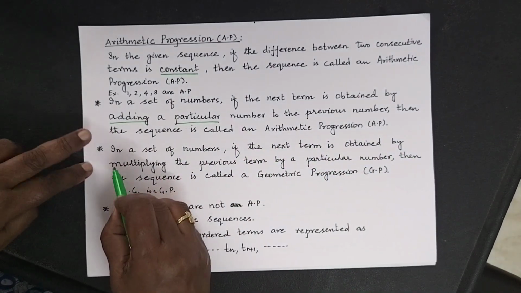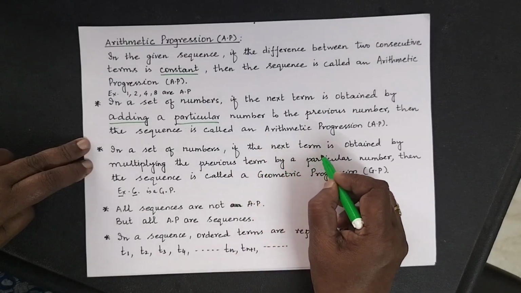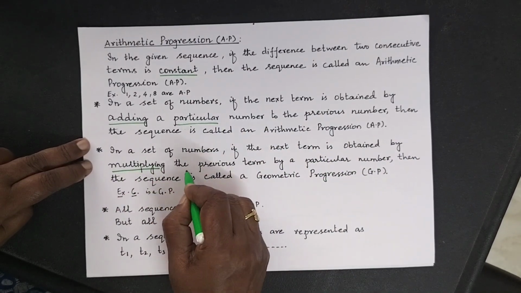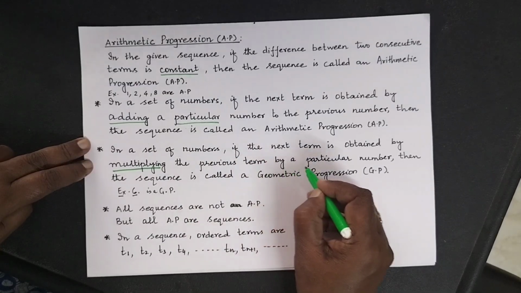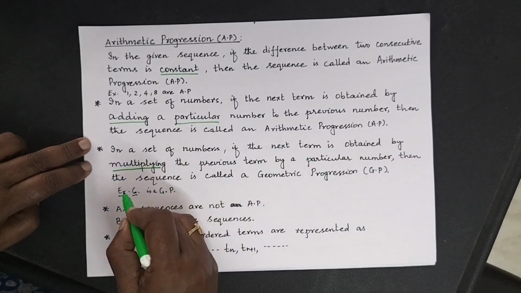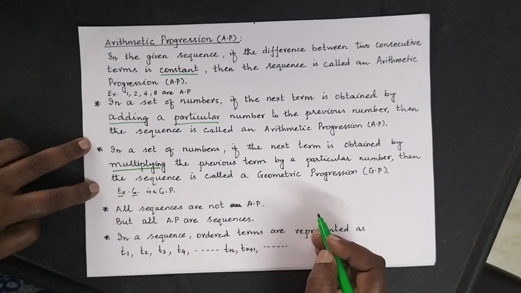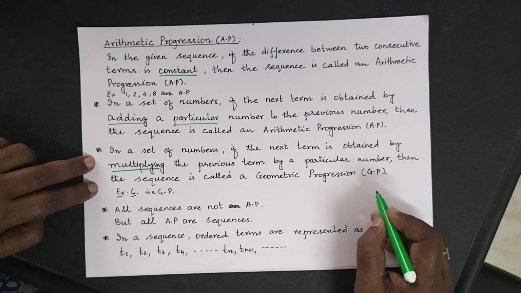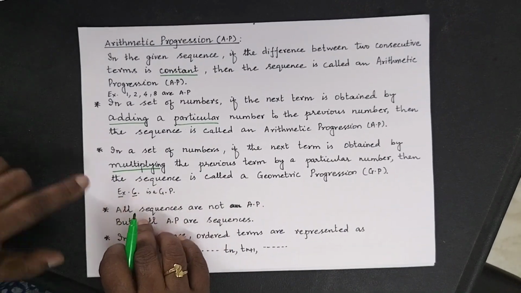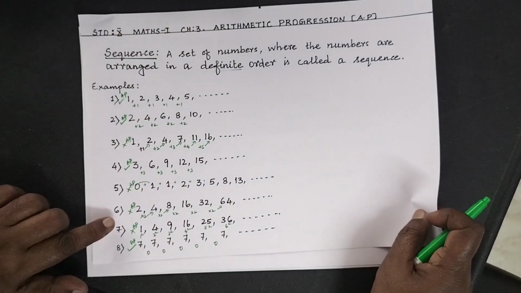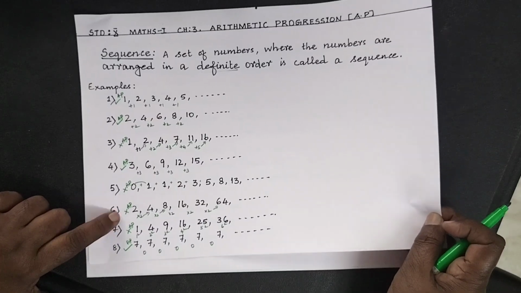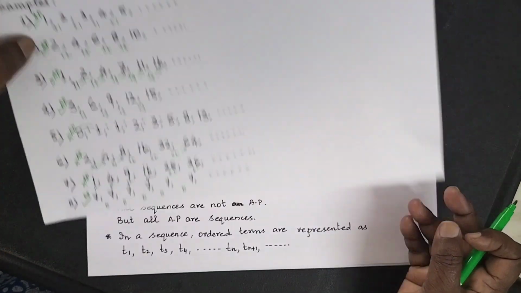In a GP, in a set of numbers, if the next term is obtained by multiplying the previous number by a particular number, then the sequence is called geometric progression, that is GP. Okay. Now here example 6 is a GP, not an AP. It is a GP and a sequence.